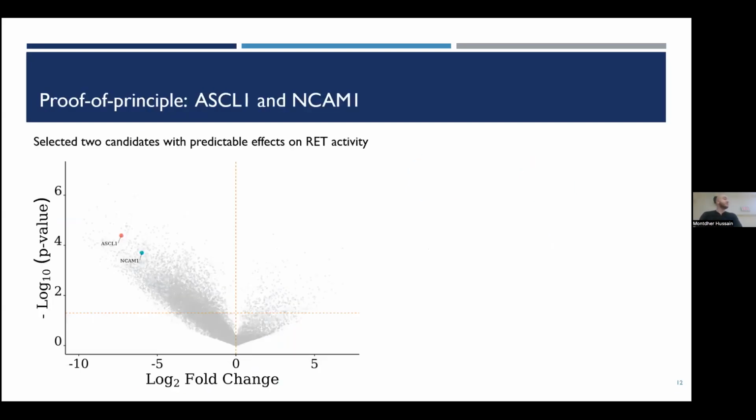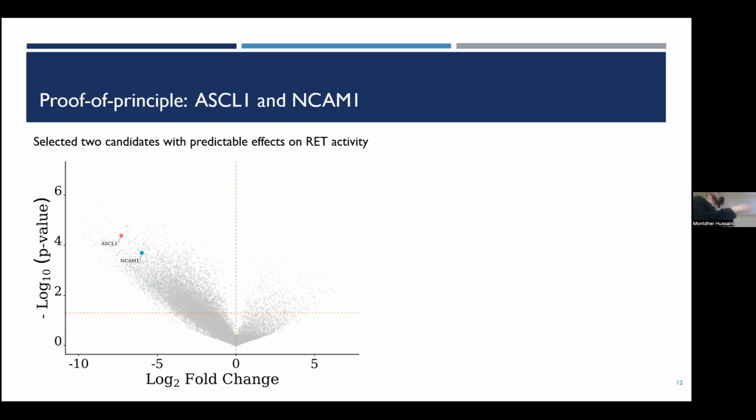As a proof of principle, I selected 2 candidates out of that initial 25 subset, and these are ASCL1 and NCAM1. I'll explain this in a second, but I selected these 2 as they have predictable effects on RET activity, which allows for easier validation of the screen. Here in the volcano plot, we can see where NCAM1 and ASCL1 stack up against the other candidates.